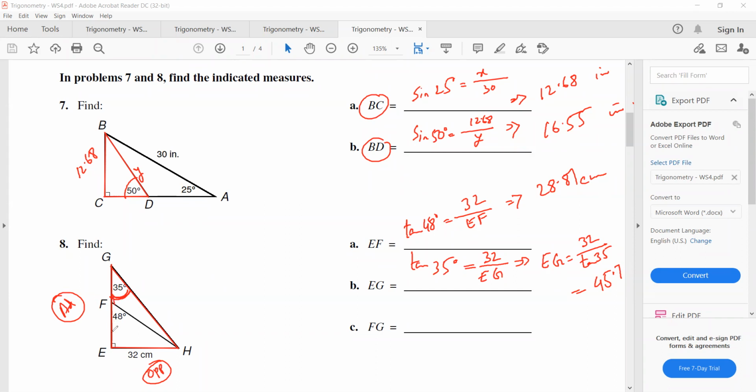This whole thing together is the adjacent side, and this is the opposite side. Don't be confused, please. So this is 45.70. Now my answer is correct. Why did I add? Okay, don't be confused.